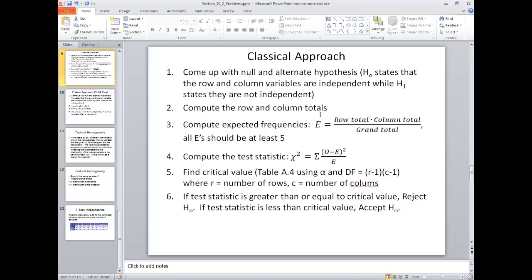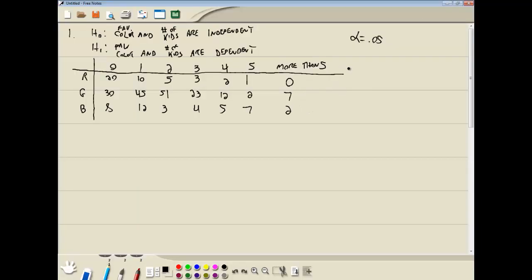Okay. Compute the row and column totals. So, let's see. 20 plus 30 is 50, plus 8 is 58. 10 plus 45 is 55, 65, 67. 5 plus 51 is 56, 59. 3 plus 23 is 26, plus 4 is 30. 2 plus 12 is 14, plus 5 is 19. 1, 2, 7, that's 10.